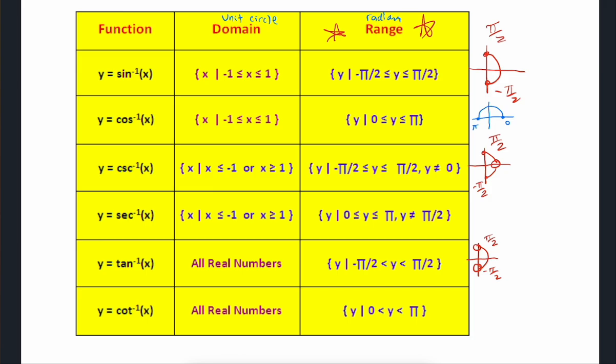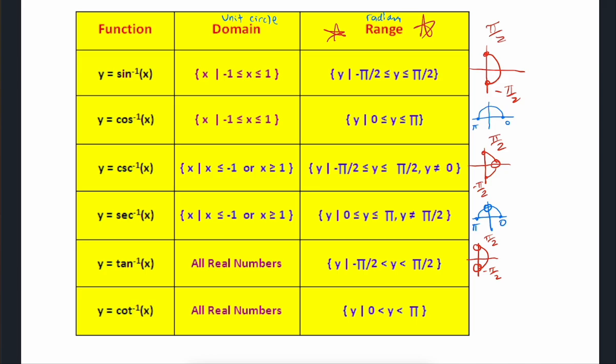So the cosine goes from 0 to pi. So let's think about the secant. It's going to be exactly the same. The answers will always be from 0 to pi, except one value will make it undefined, and that's pi over 2. That's where the cosine equals 0, and secant can't be 1 over 0. That's undefined.